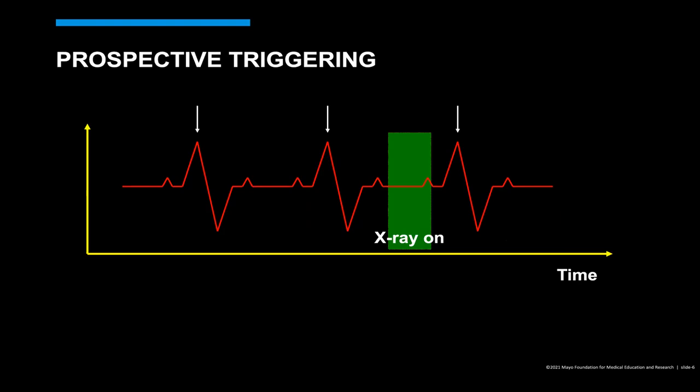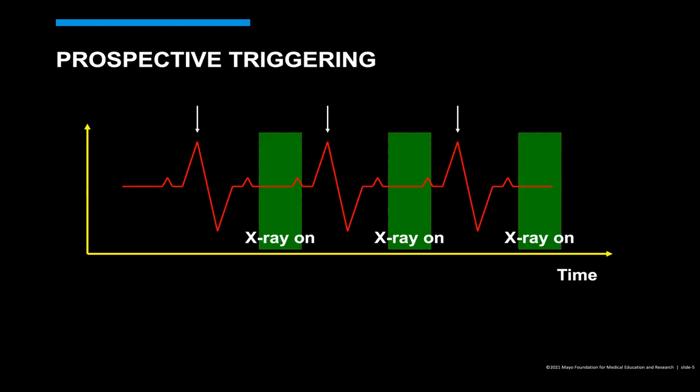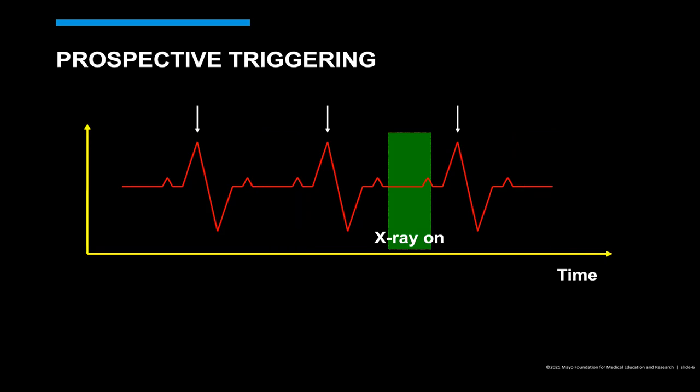Now, depending on the type of CT scanner that you have and the amount that you need to cover in your acquisition, it might require multiple rotations to complete your scan. Or if you have a 256 slice CT scanner or a 320 slice scanner, and you're just covering the heart, you might be able to scan the entire heart in a single rotation.